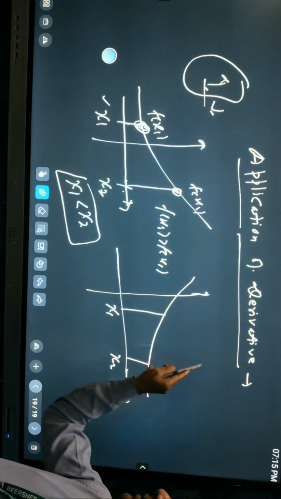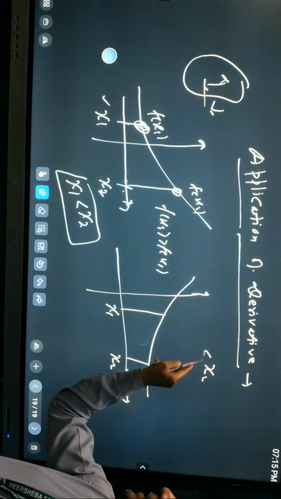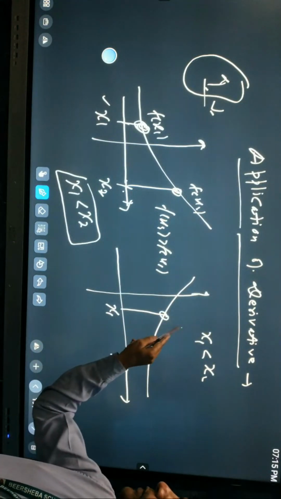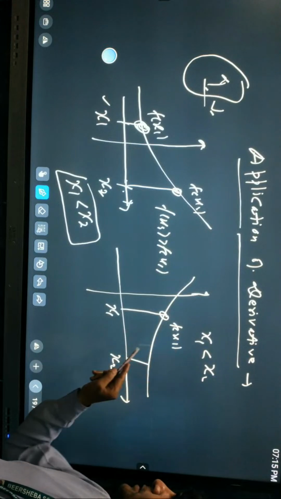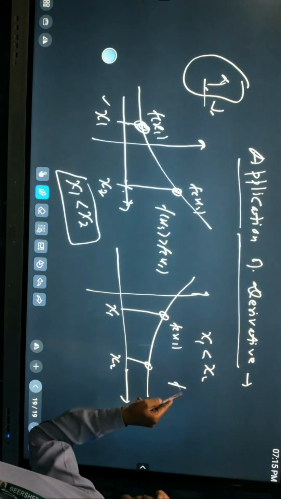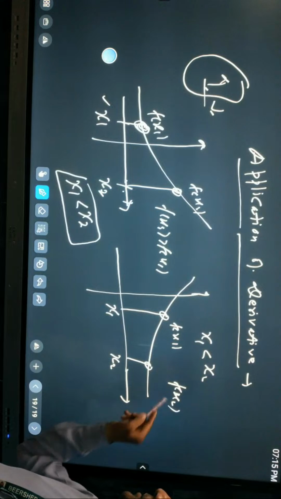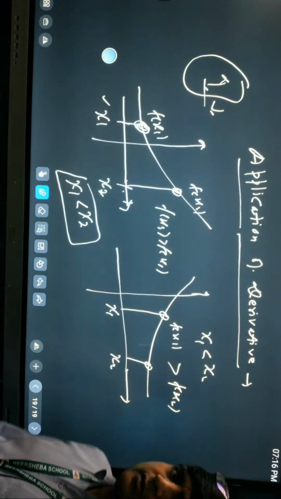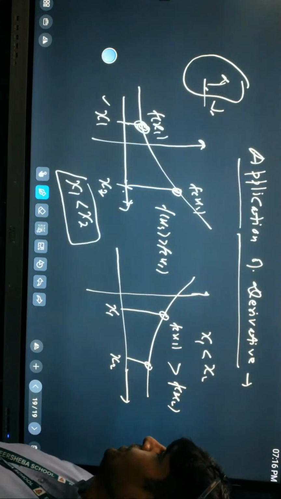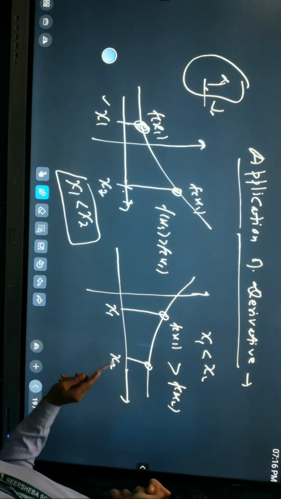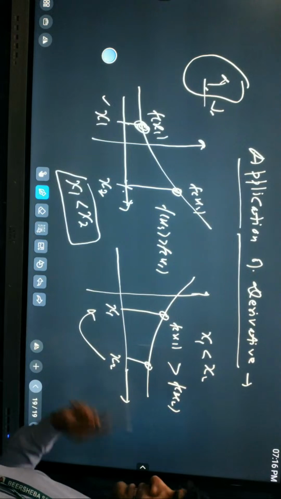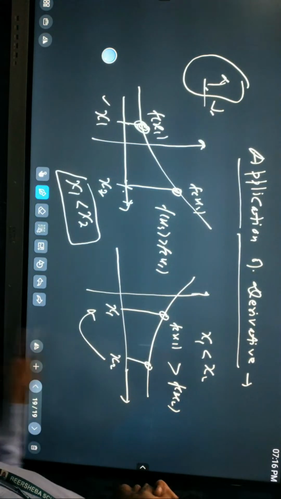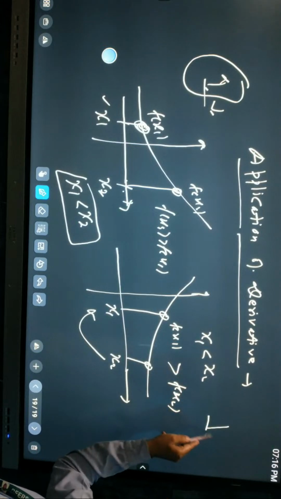From number line x2 is greater than x1, functional value at x1 is greater than functional value at x2. This is known as बच्चों decreasing function.